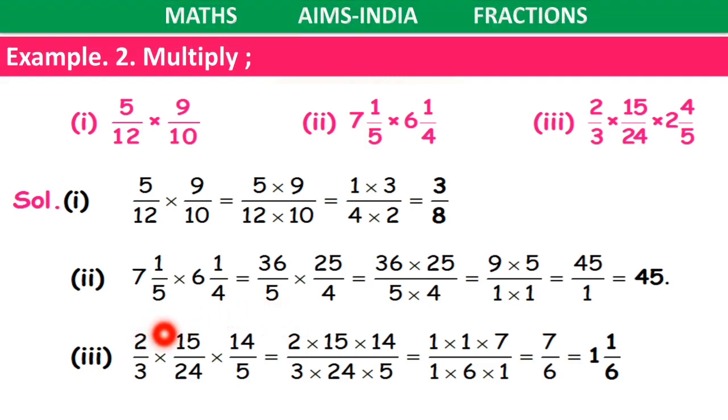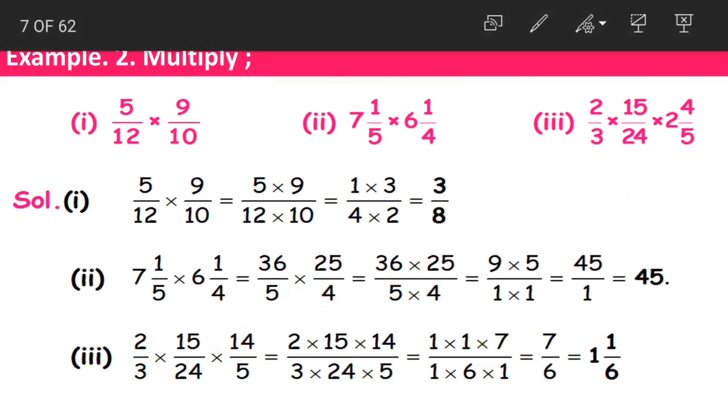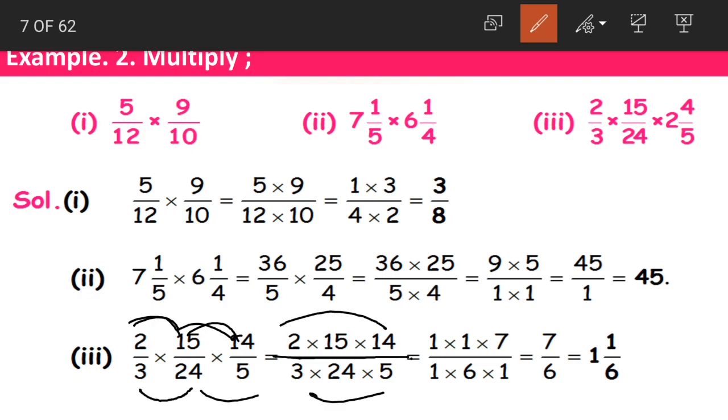Last question, 2 by 3 into 15 by 24 into 2 4 by 5. Now here we are having 3 fractions. This is an improper fraction. So this is a mixed number. So first we have converted it into an improper fraction here. Now how do we multiply? Again the same. Draw this line. Multiply the numerators. 2 into 15 into 14 divided by 3 into 24 into 5.